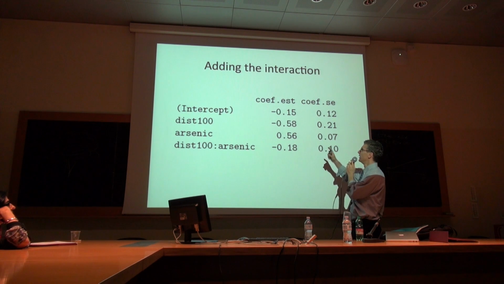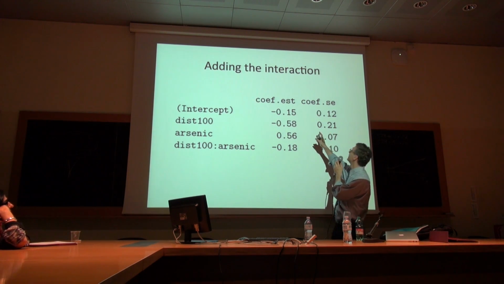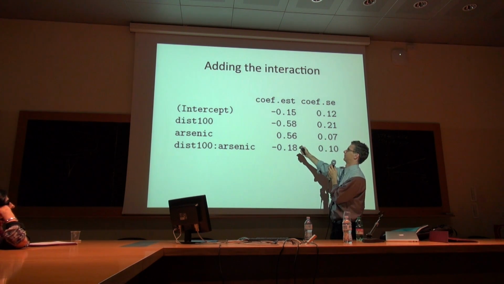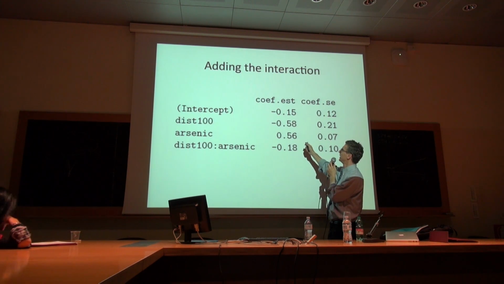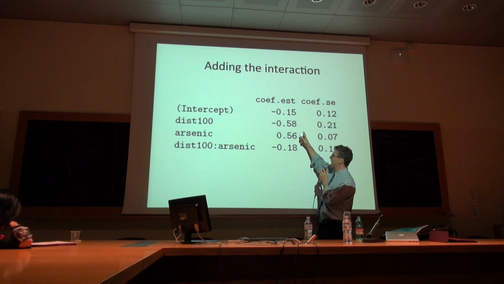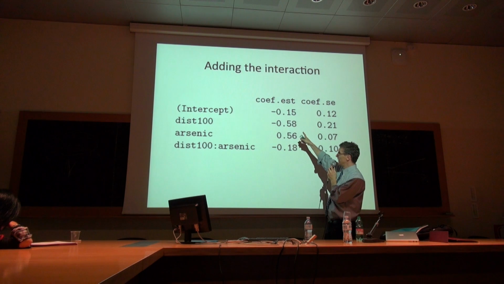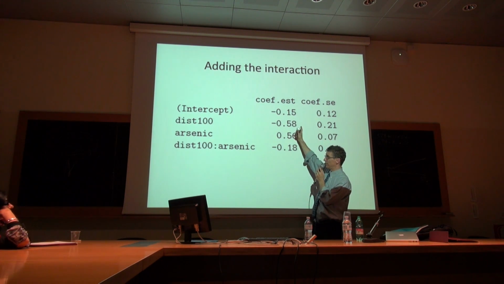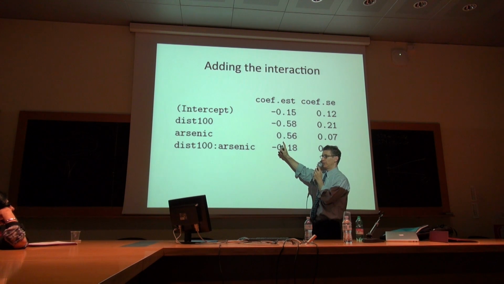So it's like, this coefficient, dist 100, this is the coefficient of distance if arsenic is 0. This coefficient of arsenic would be the coefficient for arsenic if distance was 0.